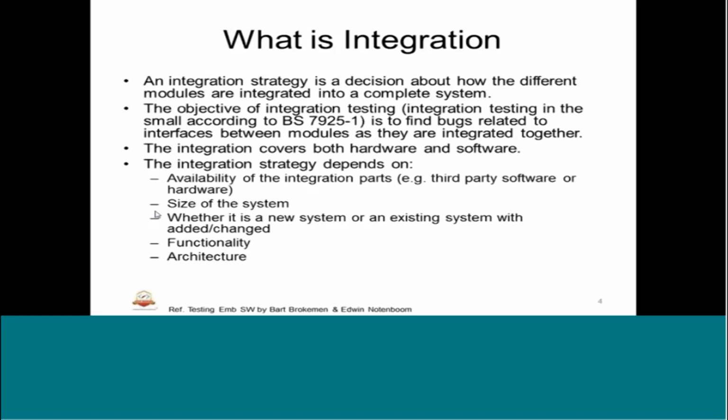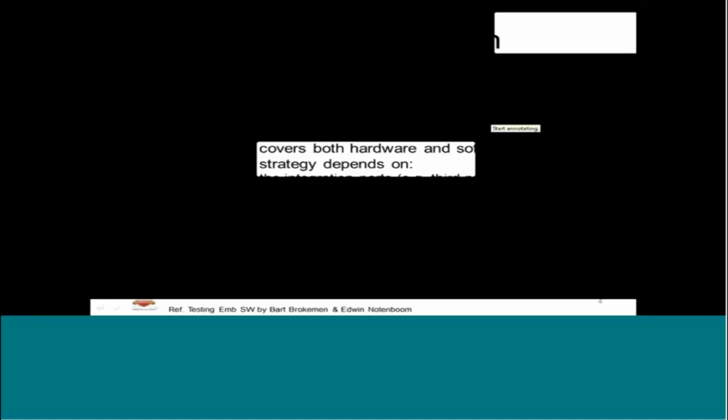The next one is the size of the system. That means what size the system has, and how it can be broken up further into different integrated or modular elements. That is all driven based on the size. Here size does not mean the lines of code. Please remember, as I said in my earlier class, that size is not the LOC or lines of code.